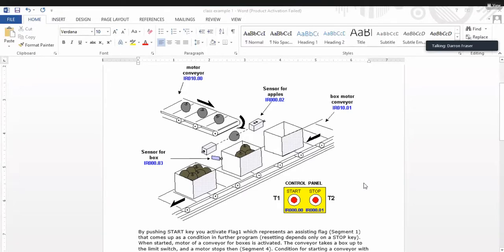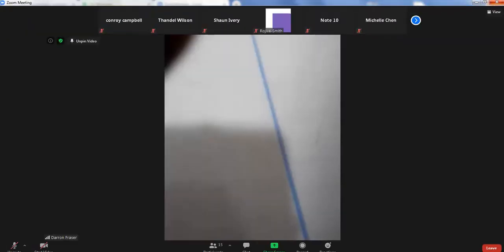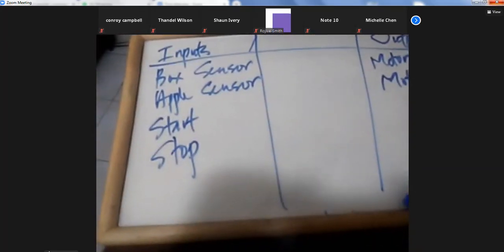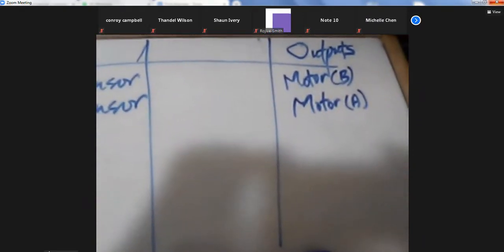All right. So those are our outputs. The inputs are our box sensor, Apple sensor, start and stop. And the outputs are our motor A and B.